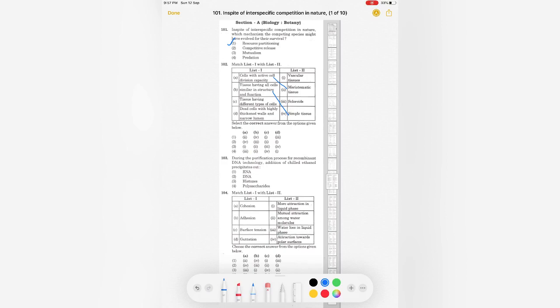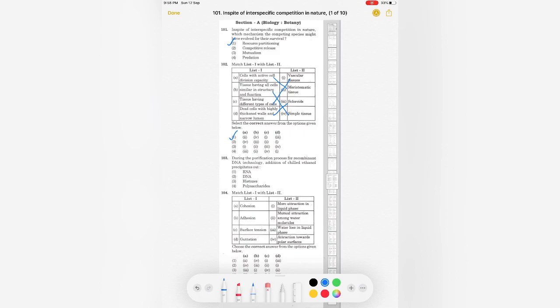These tissues are having all cells similar in structure and function. And the third one, tissue having different types of cell, that is matching with vascular tissue, because vascular tissue is an example for complex permanent tissue. Dead cells with highly thickened walls and narrow lumen, that is sclereids. Option 1 is correct.